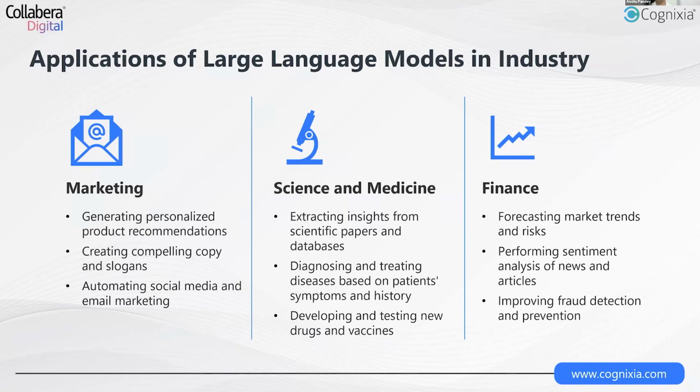Whereas the ability to process huge amounts of text data, extract insights from it, and develop and test new drugs and vaccines are some of the key use cases where science and medicine industries are focusing on leveraging generative AI at the moment. Whereas finance is already using generative AI to process huge amounts of text to predict market trends, market sentiment, and forecast risks and trends associated with any stock. Finance is also using generative AI to improve fraud detection and prevention as well.